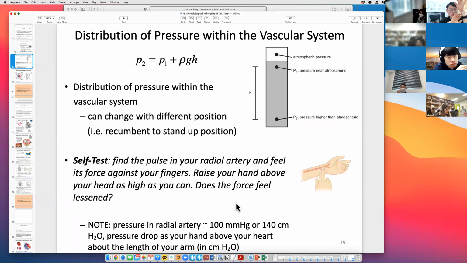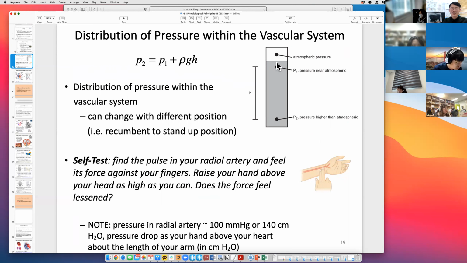So what I wanted to try is you can feel this pulse, and then you lower your arm down, where it's very strong, and then slowly bring it up and up to the top of your head. Then you will feel the pressure is actually lower.